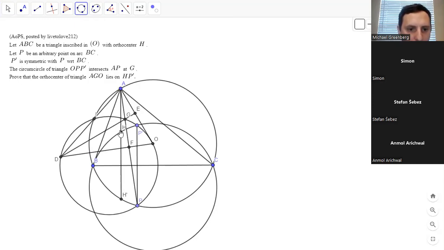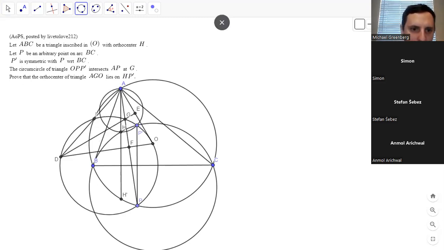Okay. So yeah, let's see if we could use the radical axis theorem. I'm not sure if it'll really work. Just trying out stuff. In fact, I'm not so sure it will.